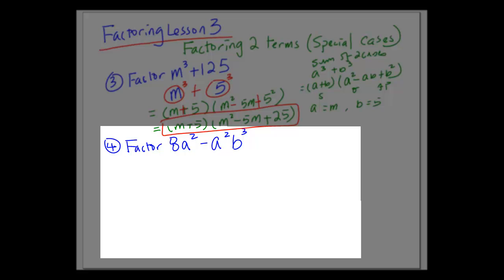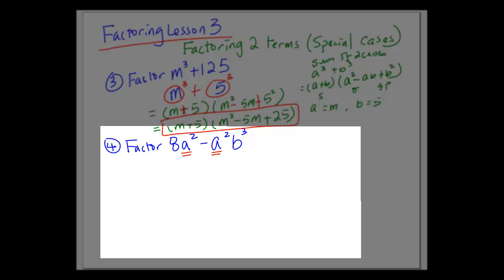Number 4 is a little bit more complicated because it looks like a difference, and it has a square and also a cube. So we need to decide if it's a difference of 2 squares or a difference of 2 cubes. But what is the first rule of factoring? The first rule is we need to pull out the GCF, and both of these have a squared.